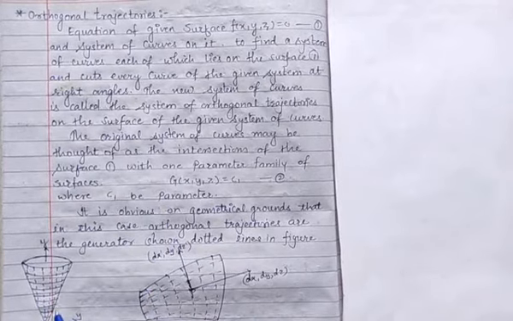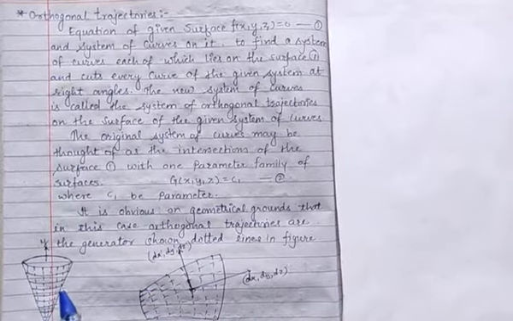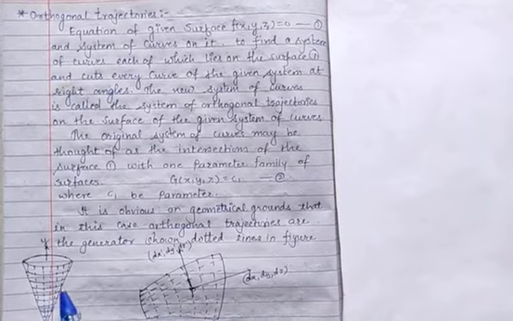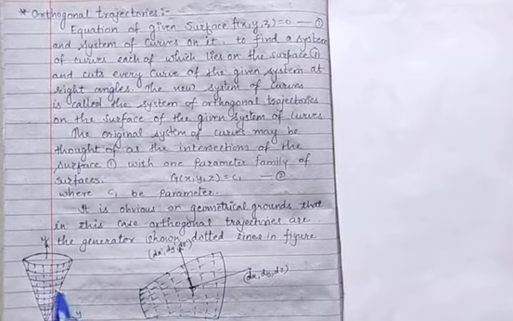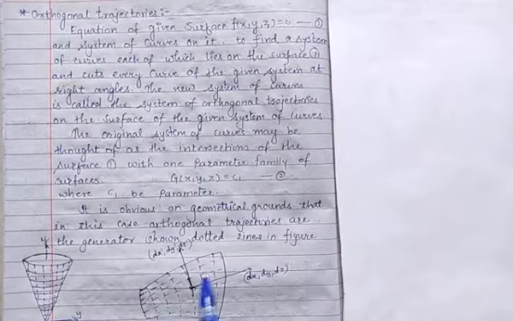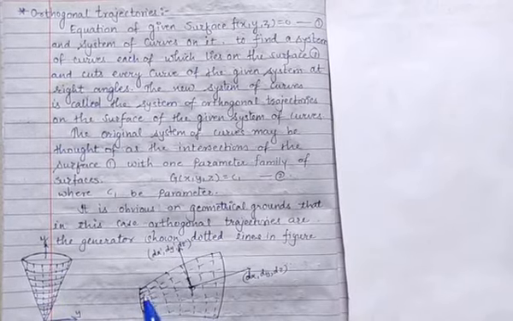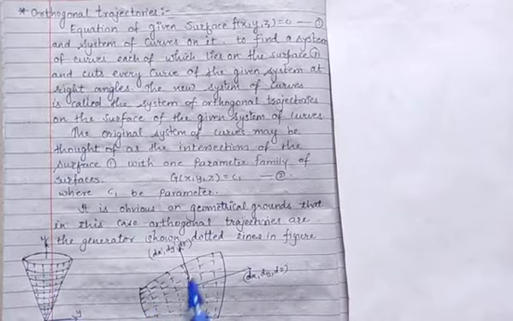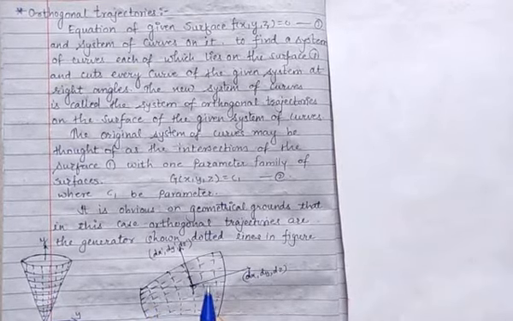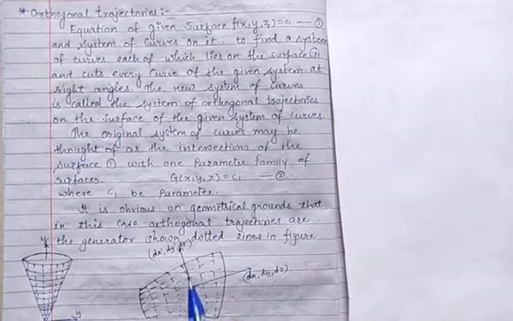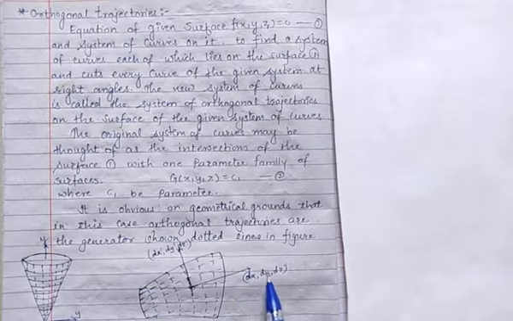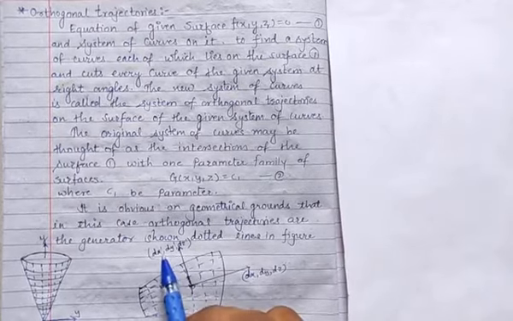For different values of c we get different curves, so the intersection of those curves is the orthogonal trajectories. So here we draw this figure like this. Here these dotted lines are all the curves, and the intersection of those curves is the orthogonal trajectories or orthogonal families.